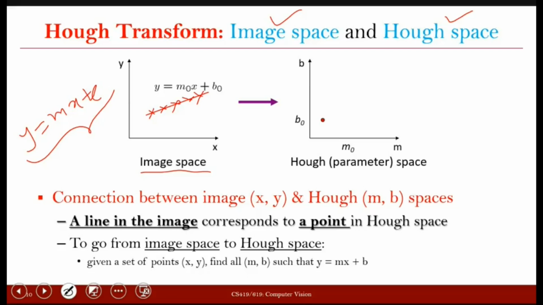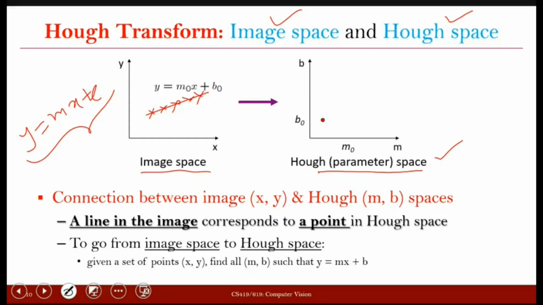Okay, so when we are moving from image space to the Hough space, also called the parameter space in case of a line, in general, in the image space any model is represented by a set of points. But in the Hough space or parameter space, the model is represented by the model parameters. Consider this example of a line.